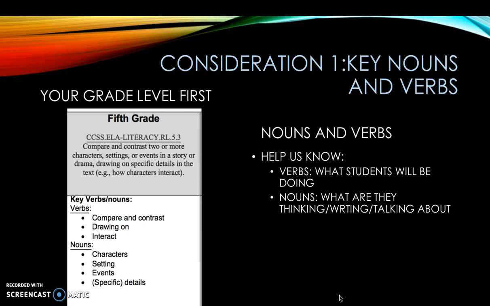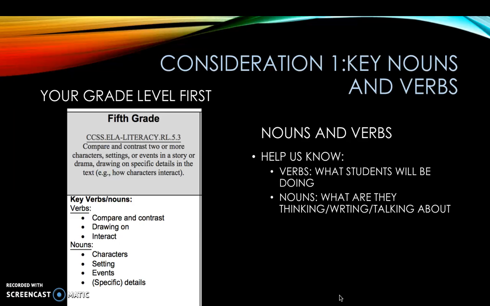So the first thing we want to consider when looking at this standard are the key nouns and verbs. You'll want to start with your grade level first, which is the 5th grade standard. So if we look at this, compare and contrast would be one of the key verb phrases that students would need to be able to do. Some other key pieces would be drawing on and interact.